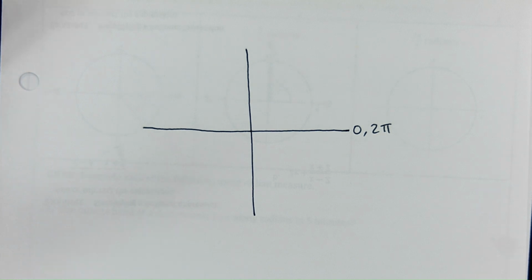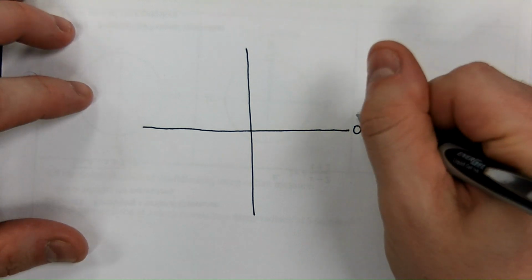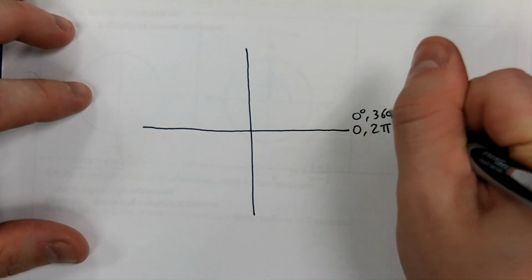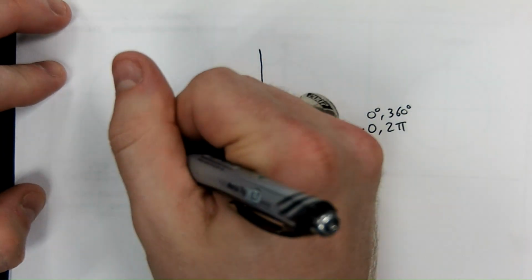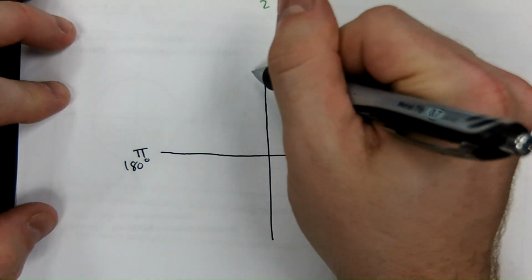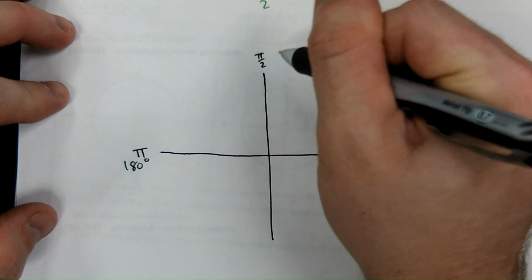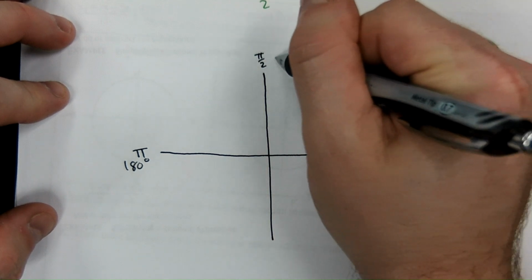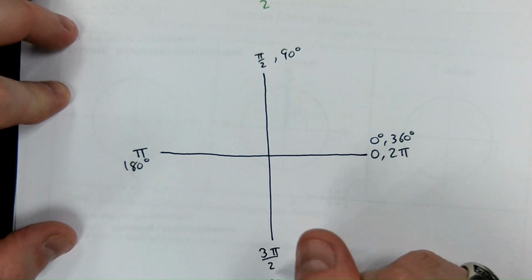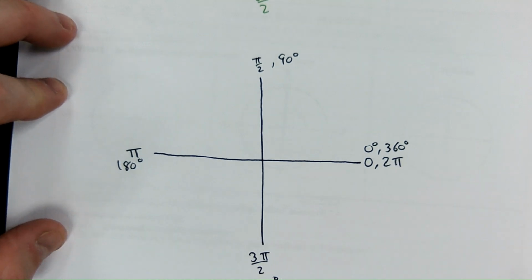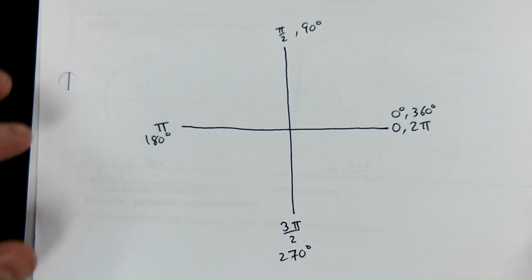Maybe I will. This is 0 degrees, 360 degrees. We know that this is pi radians, which is 180 degrees. We know that this is pi over 2 radians, which is 90 degrees. We know that this is 3 pi over 2 radians, which is 270 degrees. There, we've got our full circle on there. Cool?